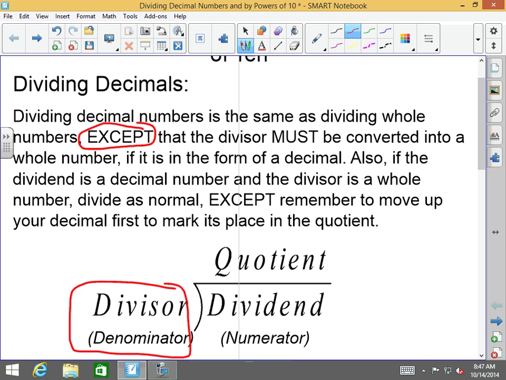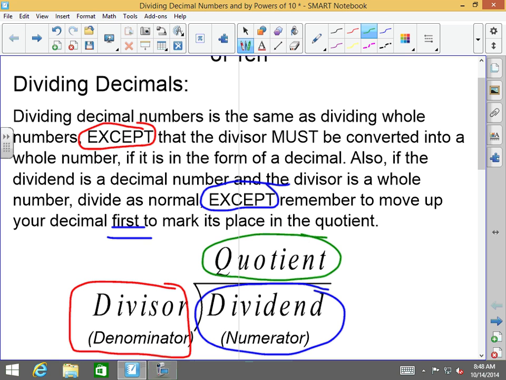Also, if the dividend is a decimal number and the divisor is a whole number, divide as normal, except remember to move up your decimal first to mark its place in the quotient. The dividend is inside, or in fraction form, the numerator. And the quotient is up here, and that's the answer.